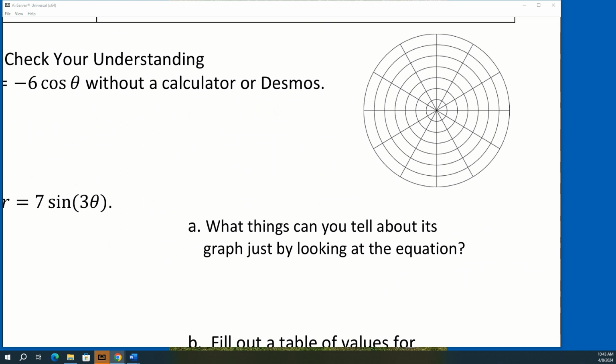So from the pole, the origin technically is called the pole, we're going to go 6 circles out, and then we're going to try our best to draw a circle that has that diameter. It's pretty easy. Now, we could have plugged in points and found their polar coordinates like we're going to do on the next one. It's just not necessary on a circle.